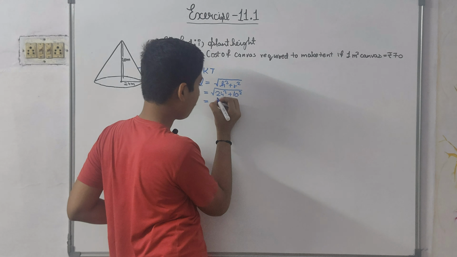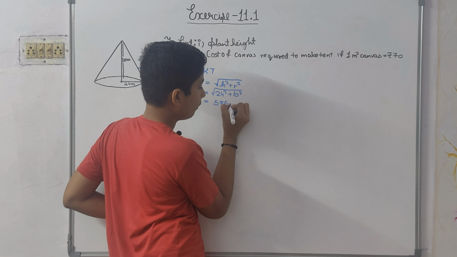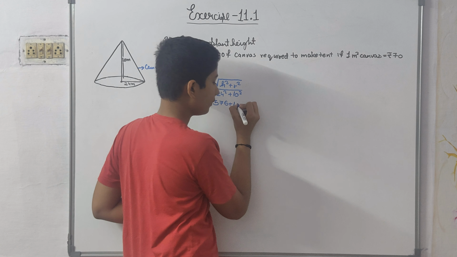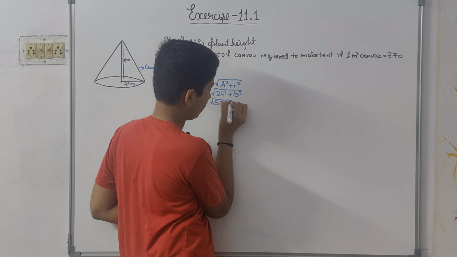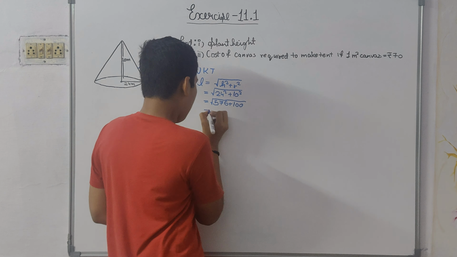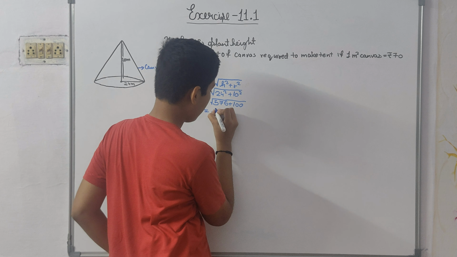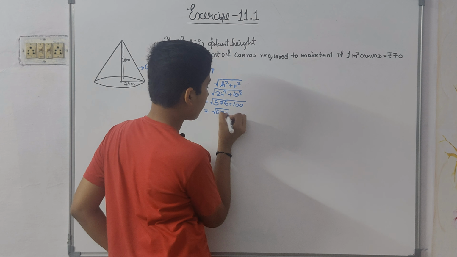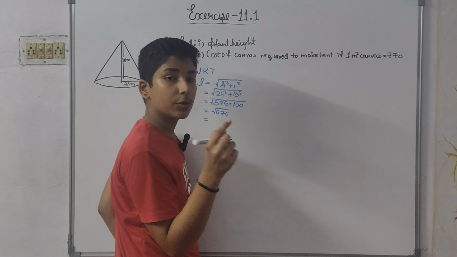So 24 square is 576 plus 10 square is 100, under root. 576 plus 100 is 676. Root of 676 is 26 meter. So 26 meter is the slant height, because 676 is the square of 26.